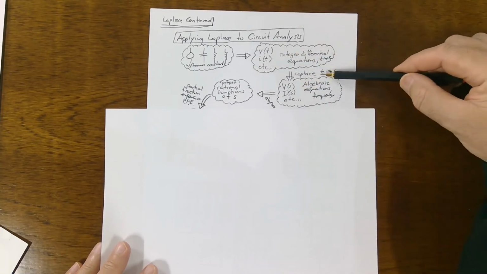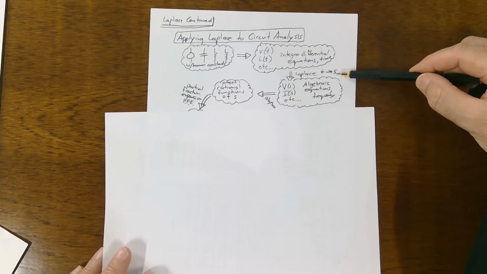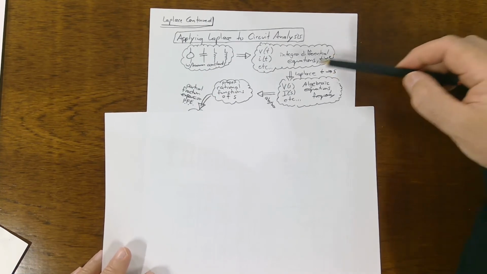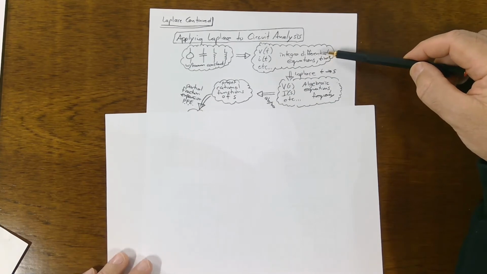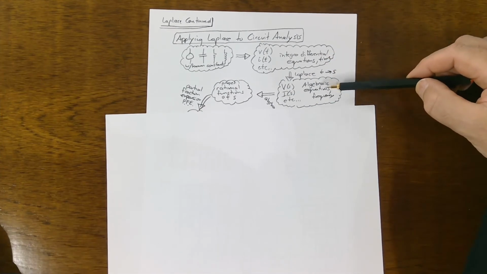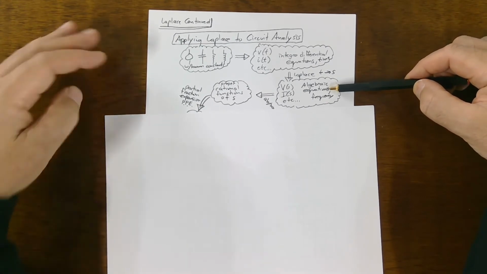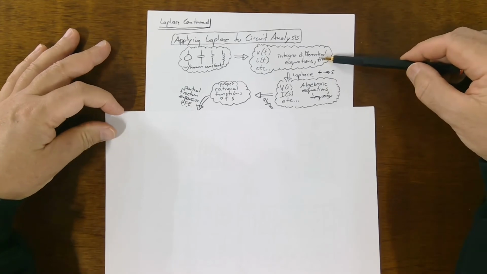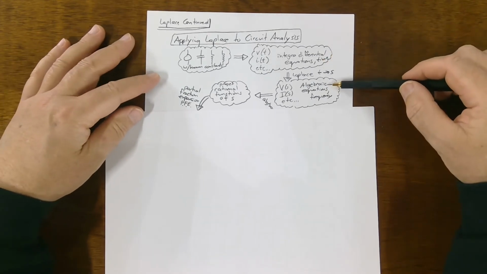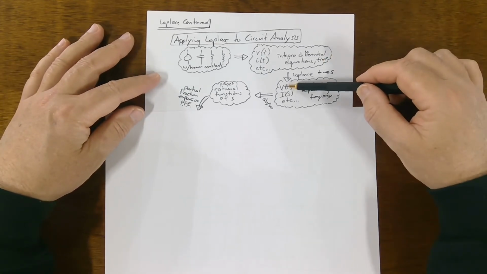So now we've moved from the time domain to the Laplace domain, or the time domain to the frequency domain. So up here we have integral differential stuff. We have integrals and derivatives. Down here we just have algebra. Okay, which most of the time is easier than derivatives and integrals. So you got a bunch of algebra with big capital letters, right?